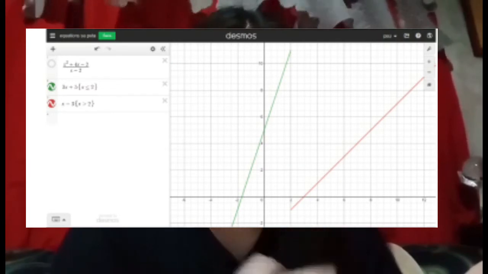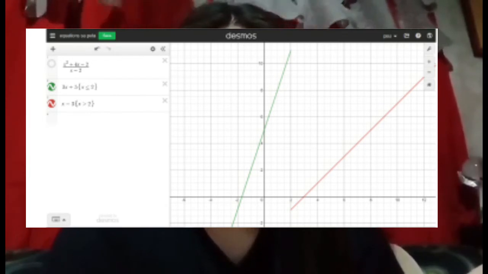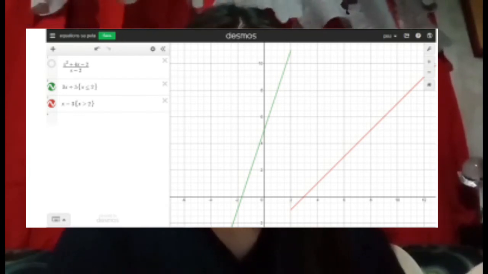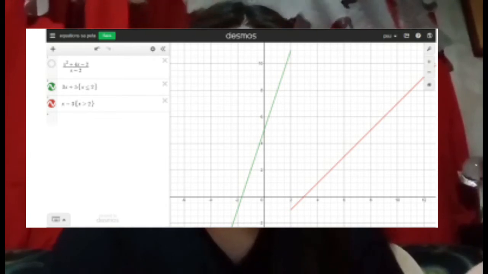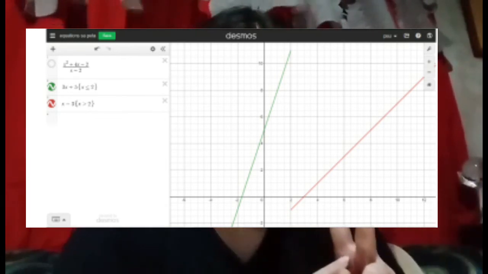If we input this in the graph, it has two lines, and as you can see, it jumped at the two lines because it is a piecewise function, so it consists of two lines, two graphs.